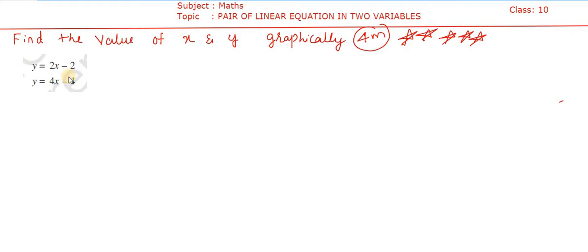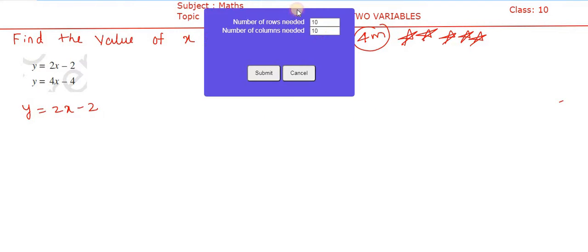Now we need to draw the table for this first. How to draw the table? We know first y is equal to 2x minus 2. Here I'll draw a 2 cross 5 table.